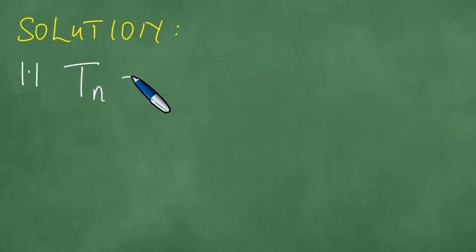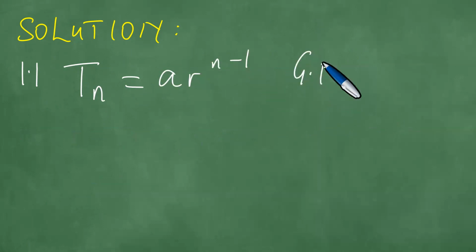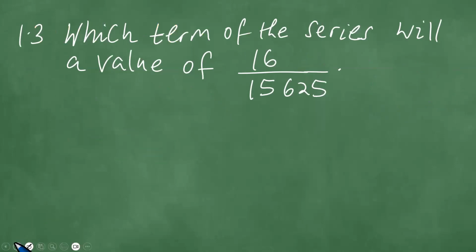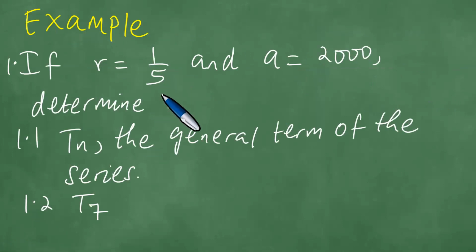So for the geometric progression, we use this one for GPs, for geometric progressions. We use this one because there is R in the question. Here is R. The R is 1/5, so we use that Tn formula.